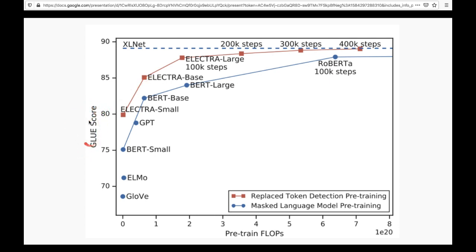It's a very difficult NLP task, and you can see that no matter what kind of computational power you give it, as long as it's the same amount of computational power and the same amount of data, this model ELECTRA always outperforms them. This is just a demo of how powerful and efficient this model architecture is.